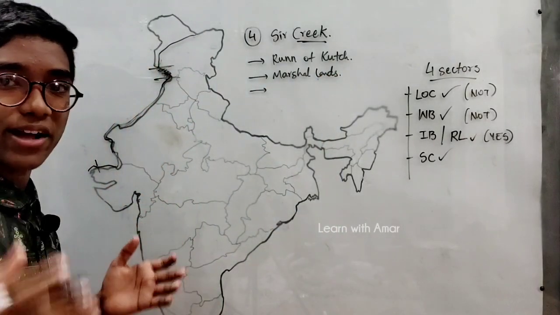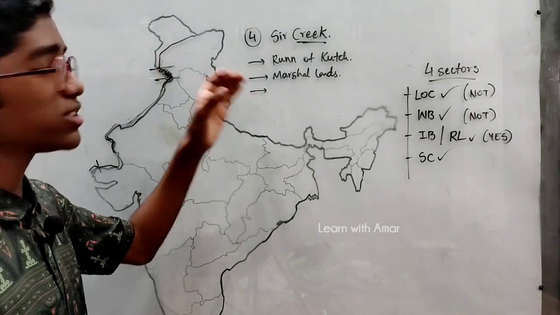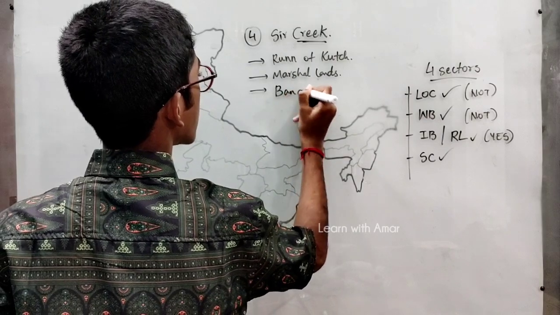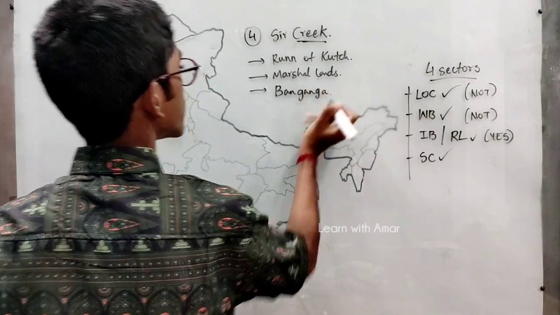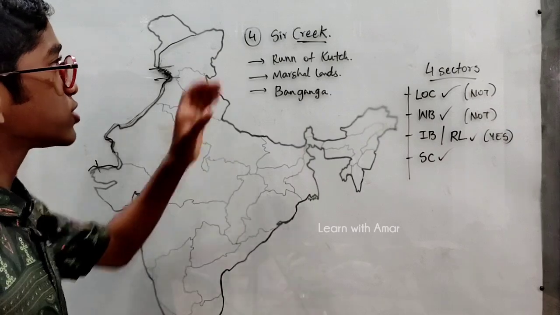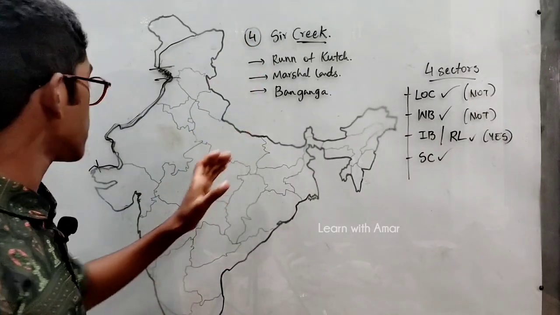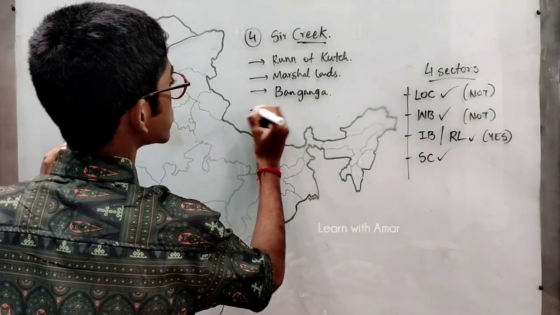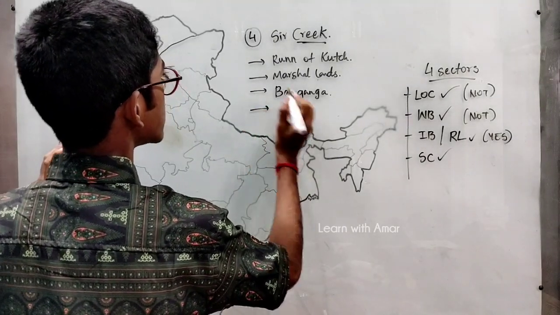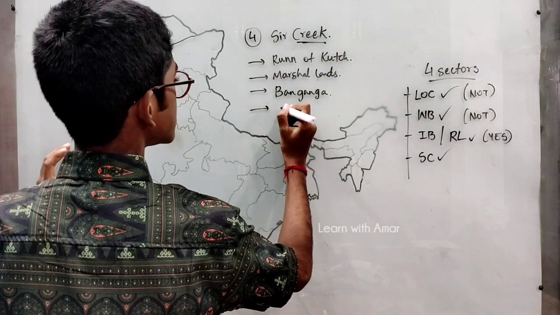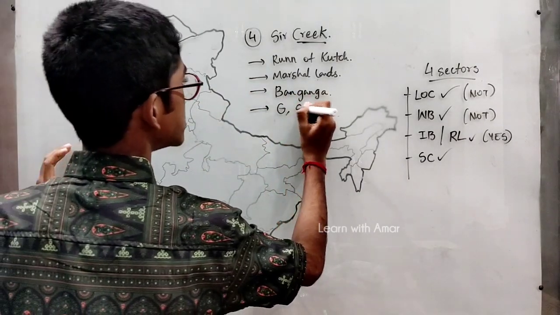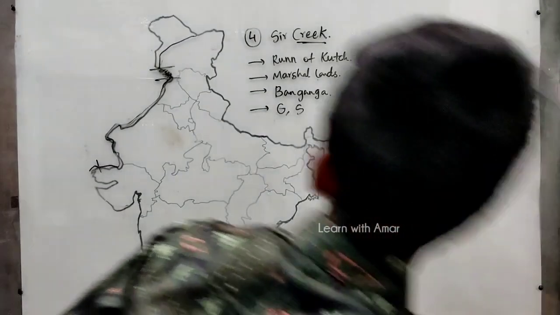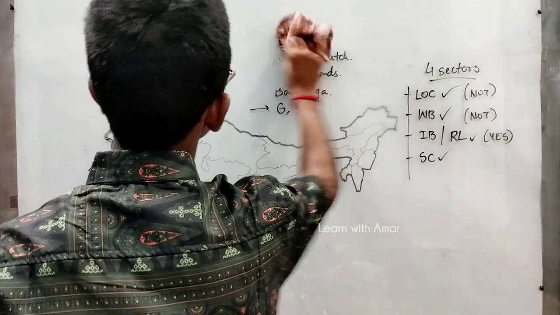So India and Pakistan are fighting over these lands called Sir Creek and also called Banganga. Sir Creek is also called Banganga, and India and Pakistan are fighting over this. So we can say the line separates Gujarat of India and Sindh of Pakistan. Alright, very clear. This is shortly about Sir Creek also.